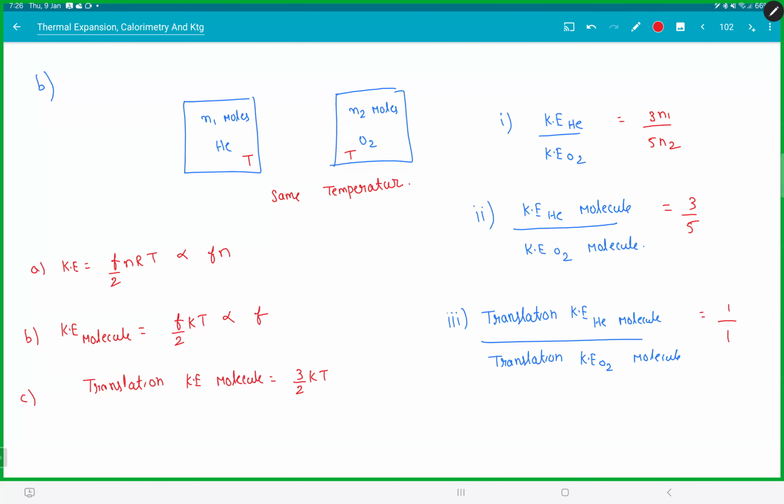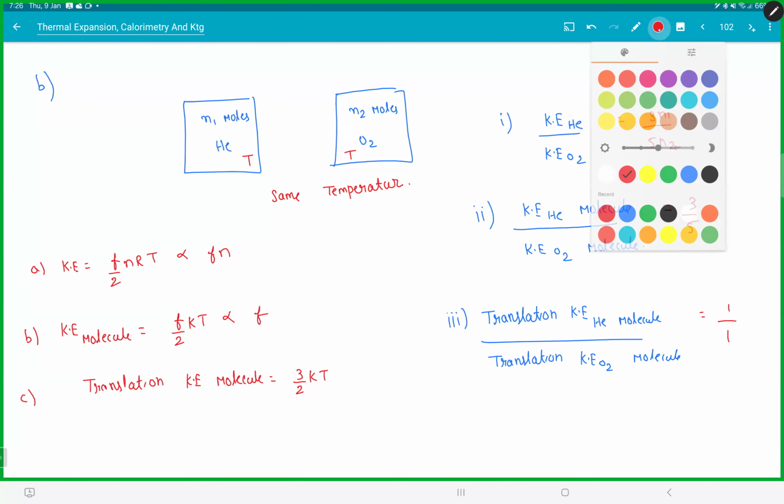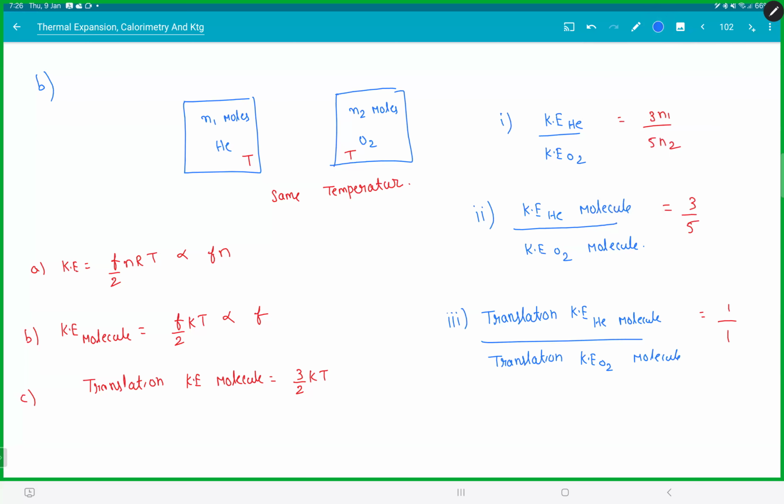Easy questions, but you should know the theoretical part. Just try to be careful there. Clear, na, Devansh? Arya? Clear with this? Ahana, got this? Clear? Let's see one more.